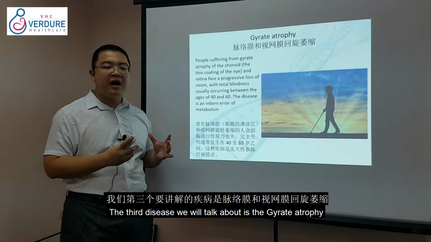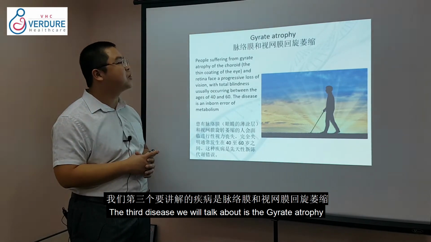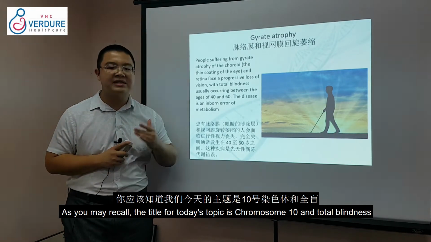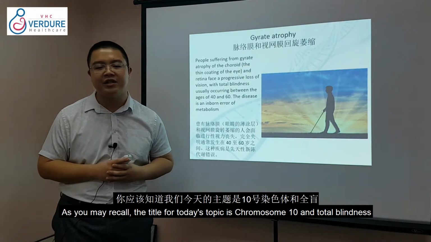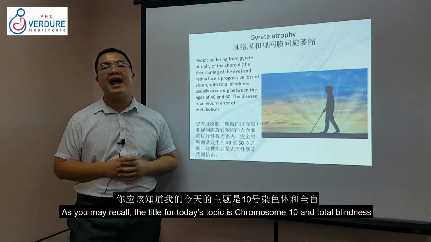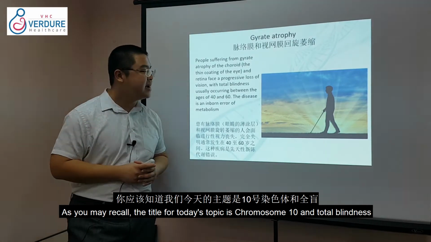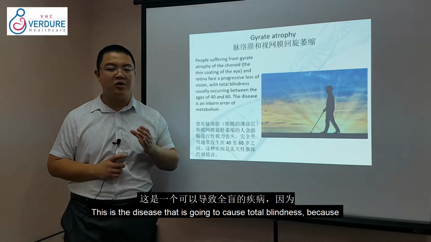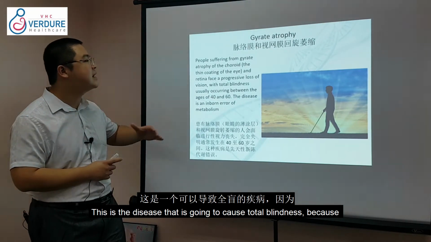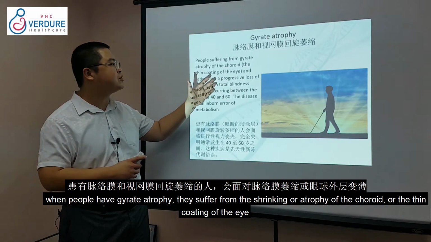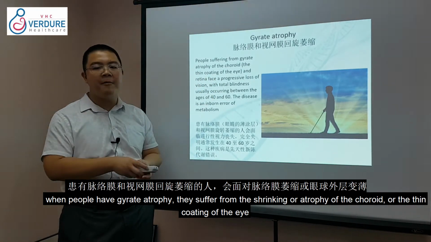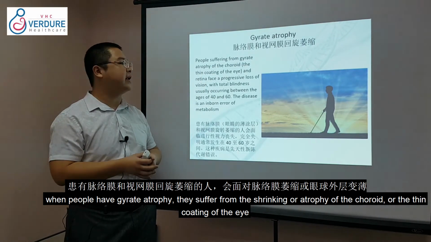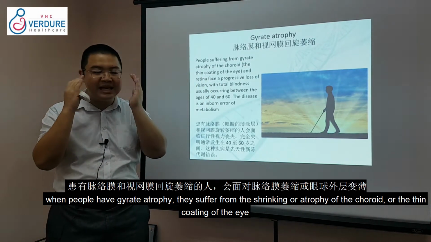Okay, moving on. The third disease we're going to talk about is gyrate atrophy. As you might recall, the title of this session is Chromosome 10 and Total Blindness. This is the disease that causes total blindness, because when people have gyrate atrophy, they suffer from the shrinking, or atrophy, of the choroid, or the thin coat of the eye.